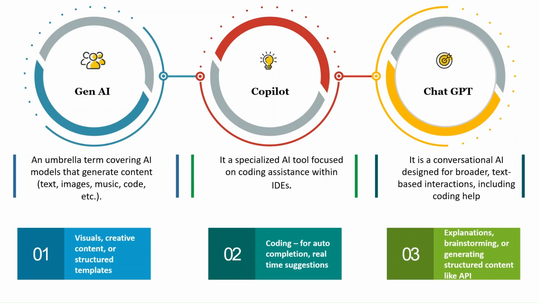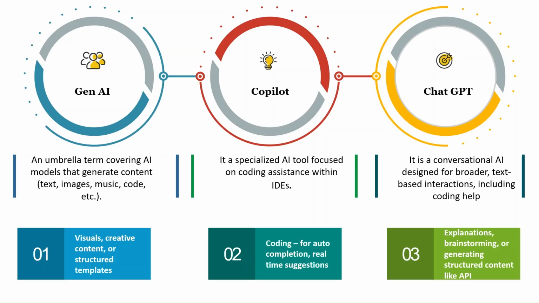However, GitHub Copilot is mainly for coding. ChatGPT can be used for coding as well as documentation and also for creating content for brainstorming. So that makes a difference between these three.